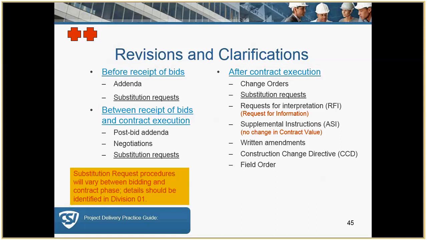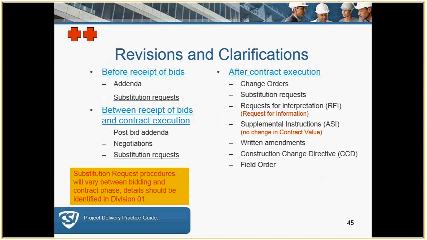Now here we illustrate some of the types of revisions and clarifications that are used during the various stages of the project delivery process. Keep in mind that there's going to be changes, like we said, or clarifications. Note that addenda are used before the receipt of bids for public and private projects, but there can also be a post-bid addendum for private.